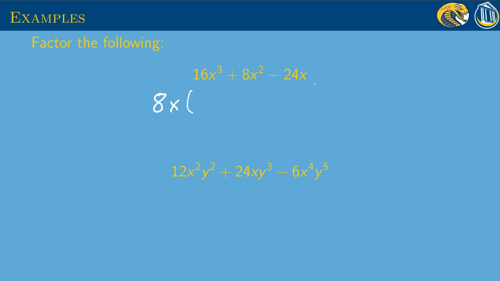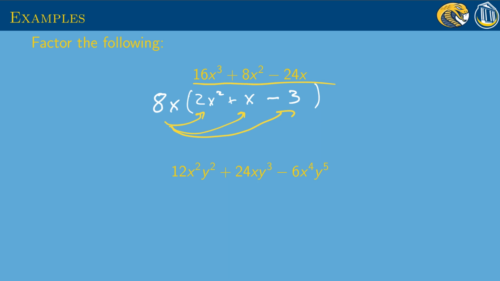And so what's left over? Well, if we divide 16x cubed by 8x, we get 2x squared. If we divide 8x squared by 8x, we get just a single x. And lastly, if we divide minus 24x by 8x, we get minus 3. As usual, you should always check: if I multiply this through, if I distribute the 8x, do I get the same thing that I started with?